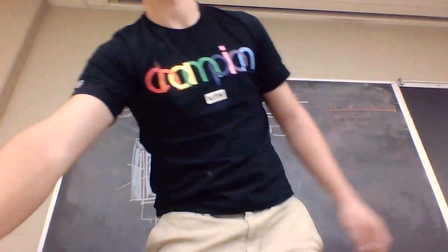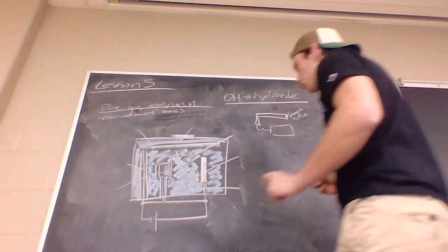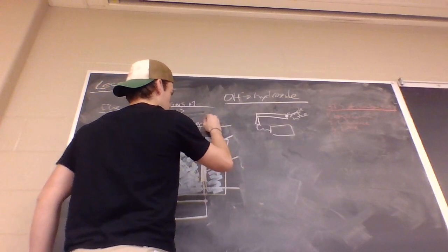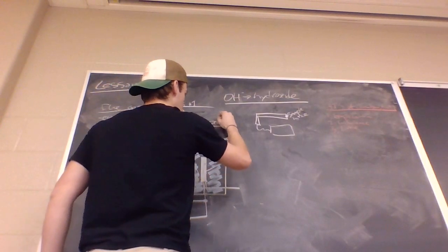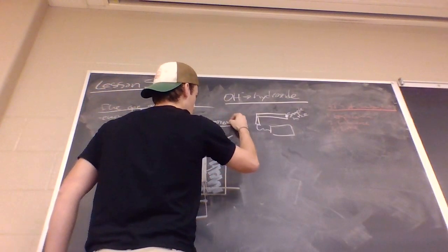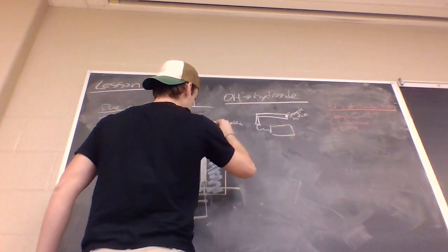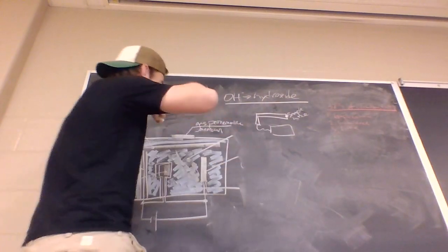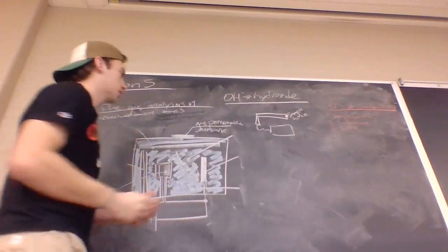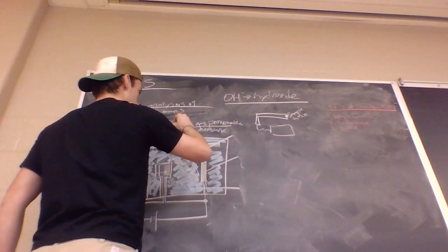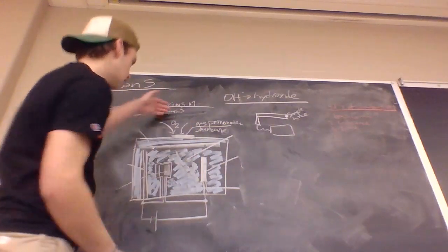If I can find my chalk. Okay, so the first thing that we have here is our gas permeable membrane. Essentially what is happening is our oxygen is being taken into here.